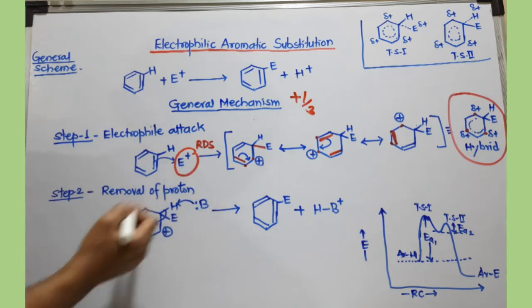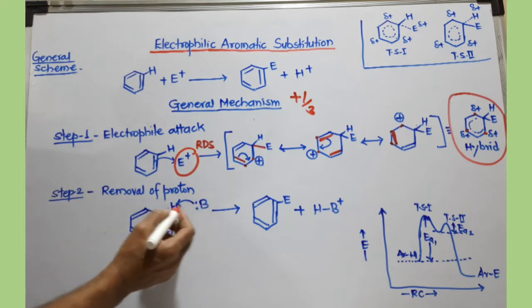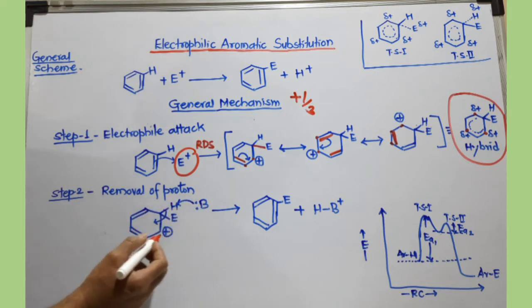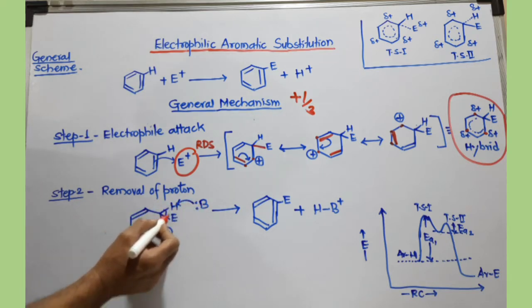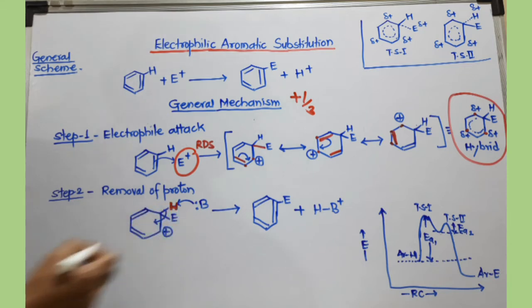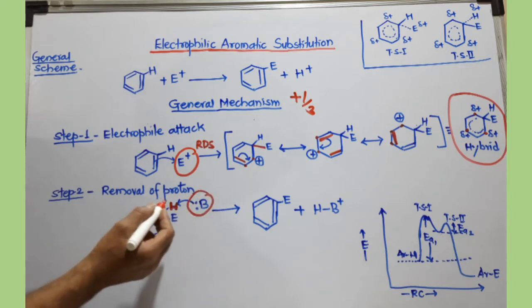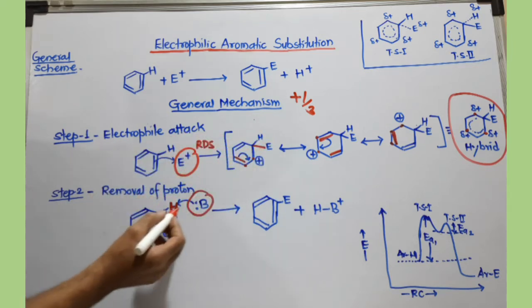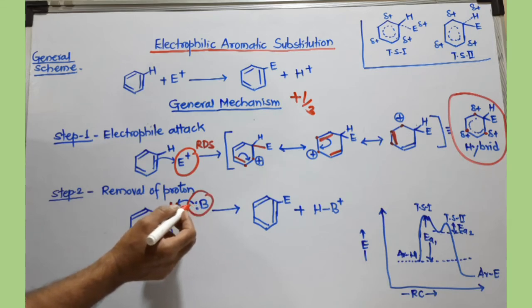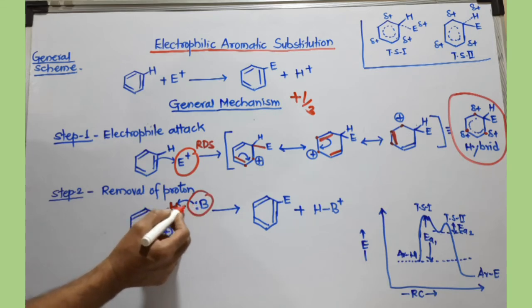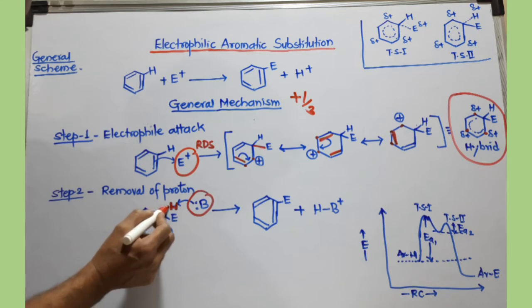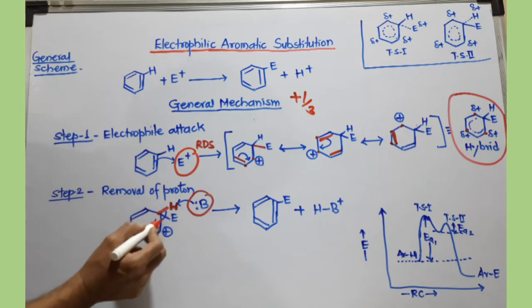If the reaction medium has a base, it can remove this H immediately, because you can see, because of this positive charge, the acidity of this proton will be increased a little bit, so this base can remove that proton more easily. So as soon as this carbocation is formed, this base is doing its work. It will remove this proton, and the bond which is joining this carbon and hydrogen will move inside to form a pi bond.